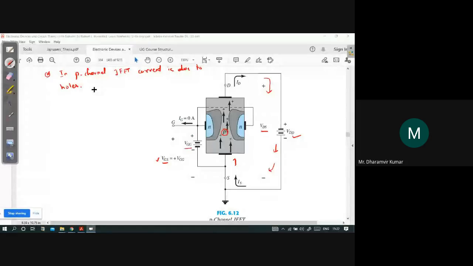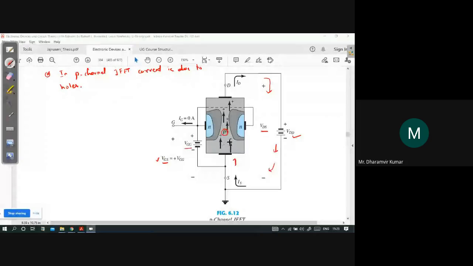Okay, and because this is a unipolar device, okay, so only one of the charge carriers contributes mainly in the flow of current, and we can neglect the very few minority charge carriers. We can say that the current flow is only because of holes in the case of p channel JFET. Okay, and that's why it's also called a unipolar device.